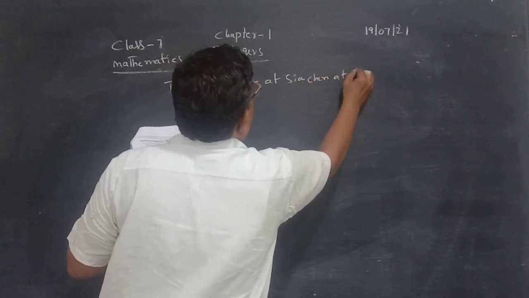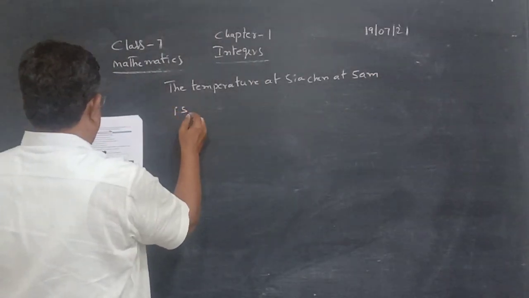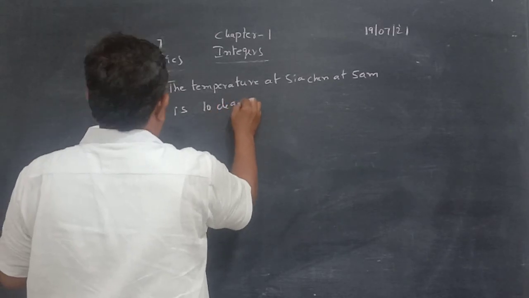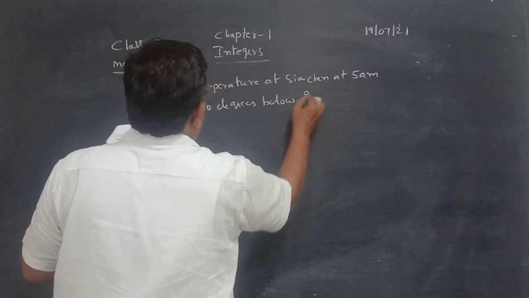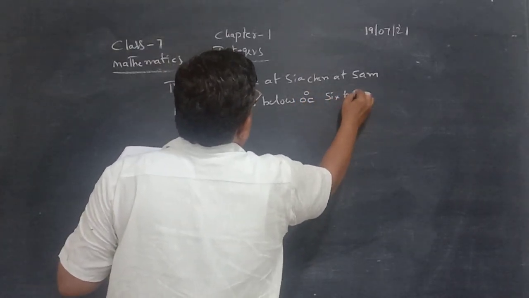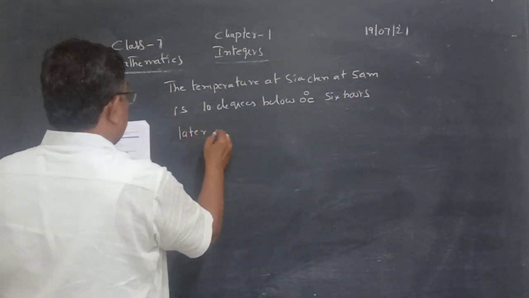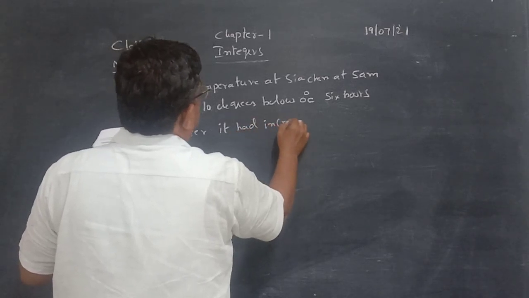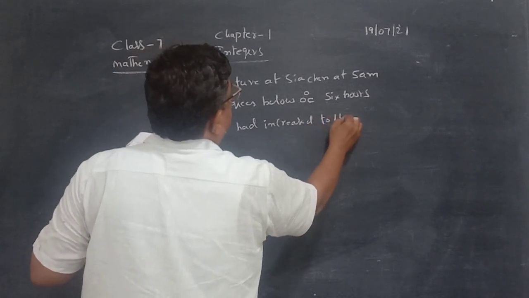So the temperature at Siachen at 5 a.m. is 10 degrees below 0 degrees centigrade. 6 hours later, it had increased to 14 degrees centigrade.